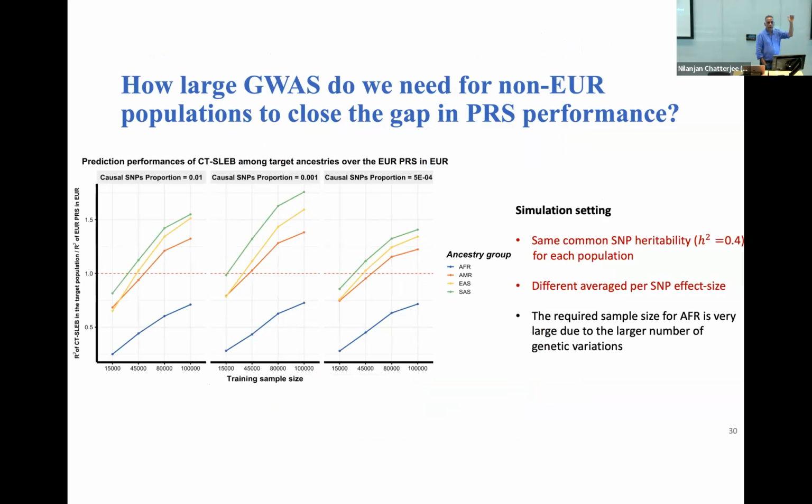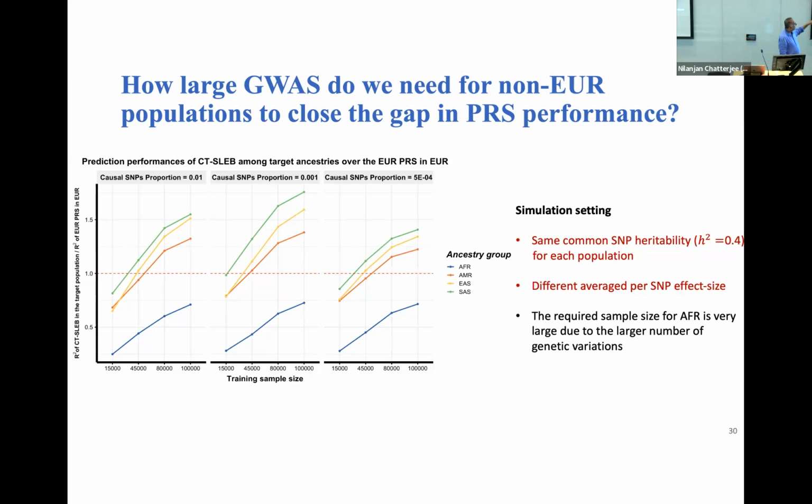Suppose we have a large genome-wide association study for Europeans, about 100,000, and for the other ancestry populations, we are trying to build the GWAS over time, to make it larger and larger. The red dashed line shows the performance we observed on the European population PRS built from that European data. And the point is that we want to be close to that red dashed line.